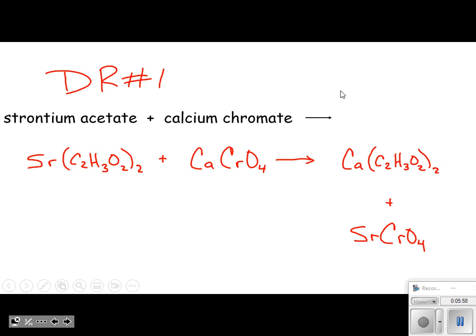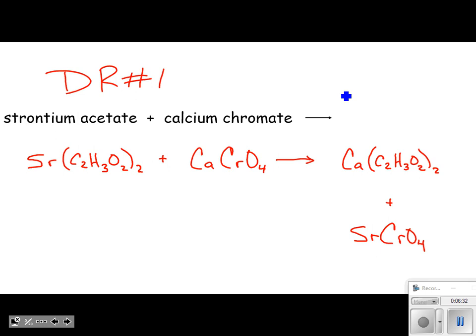My next step is step B: check the solubility of both possible products. It says products, not reactants. The reactants have to be aqueous salts; we already know that. So we need to go through our solubility chart and test our products.